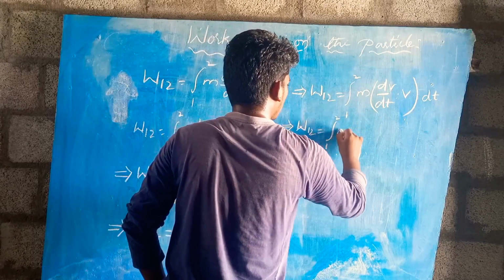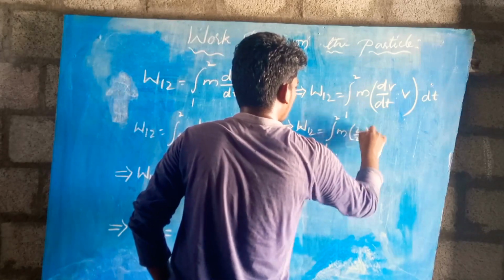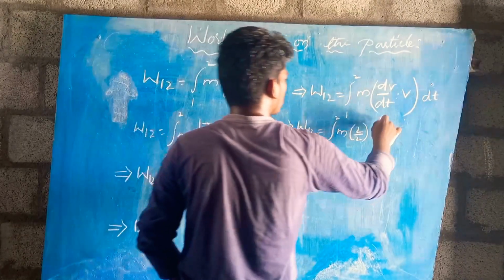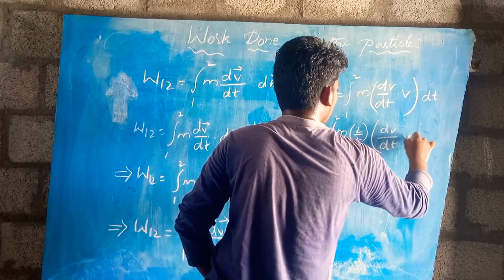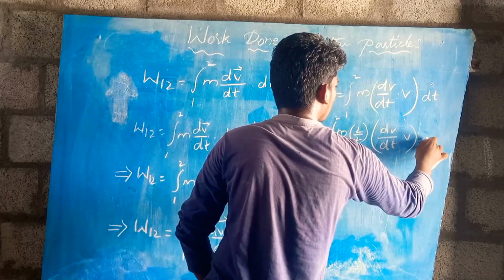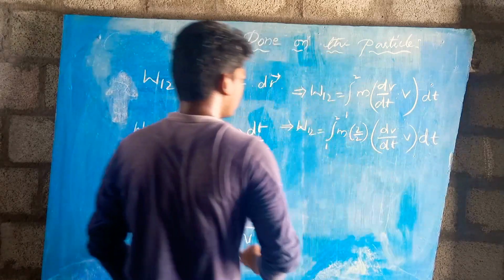W12 is equal to integral 1 to 2 m bracket 2 by 2 dV by dt times v dt.